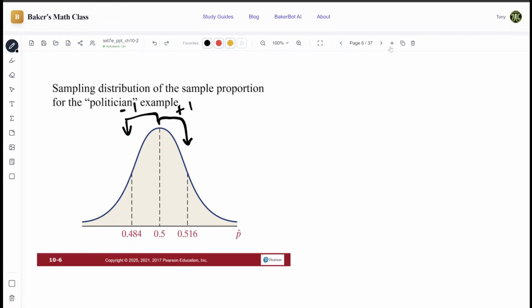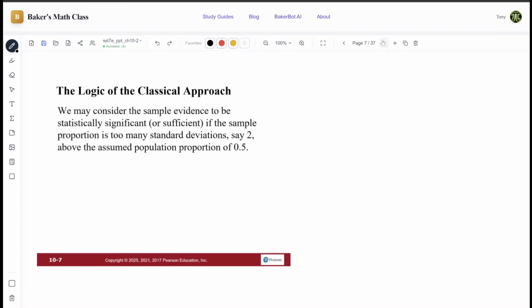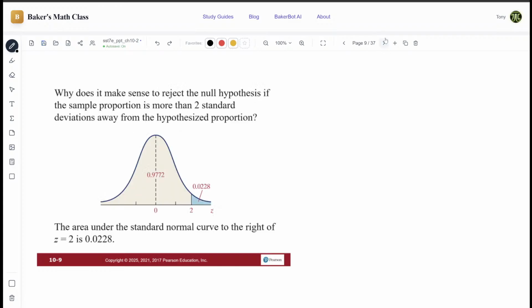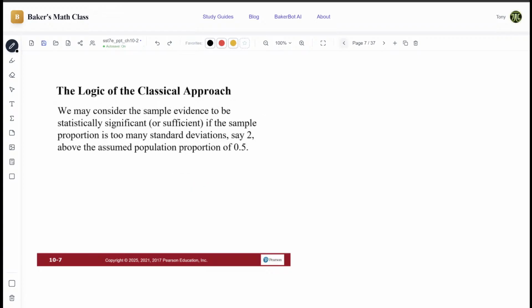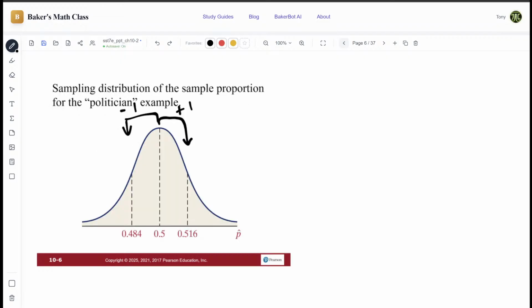So if I go another standard deviation, let's see if they have that there. They probably do. So if we go another standard deviation out, we would be at 0.532.